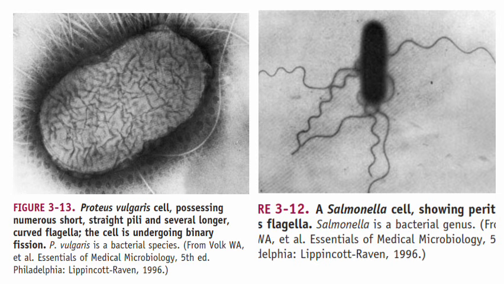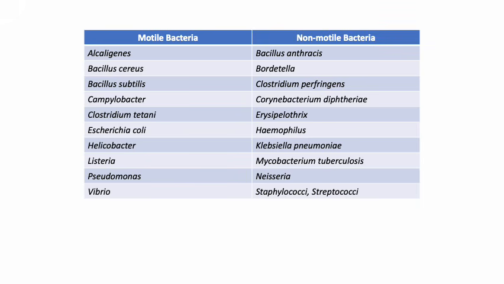This picture shows you the difference between pili and flagella. Please take note that flagella are much longer compared to pili or fimbriae. In this slide, I have provided a table summarizing certain commonly encountered motile and non-motile bacteria.